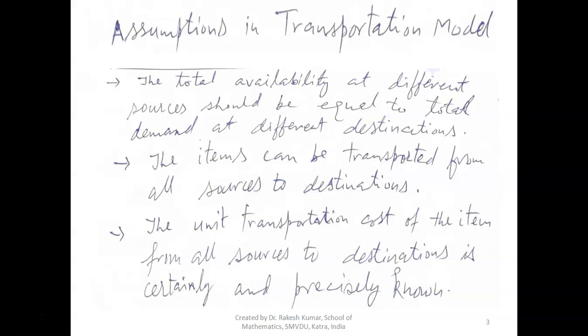Now, what are the underlying assumptions of transportation model? The total availability at different sources should be equal to total demand at different destinations. The items can be transported from all sources to all destinations, means there is no bottleneck.